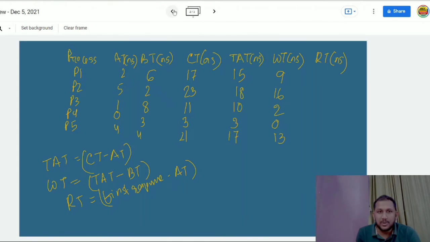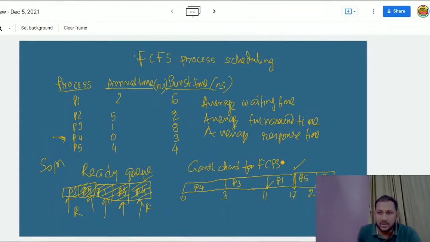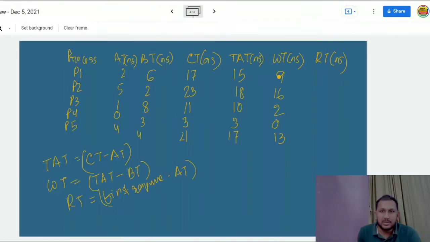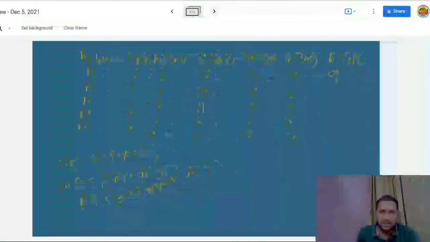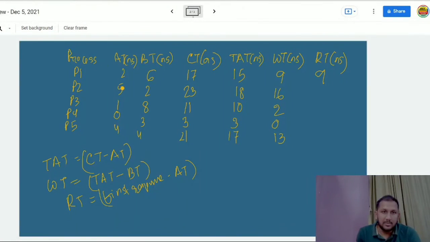The first response of P1 is 11, and 11 minus the arrival time 2 is equal to 9. Then the first response of P2 is 21, and the arrival time is 5, that is equal to 16.